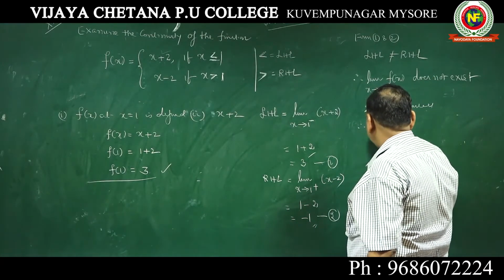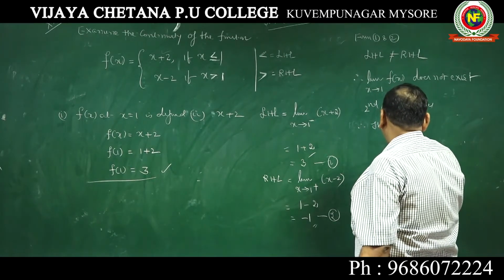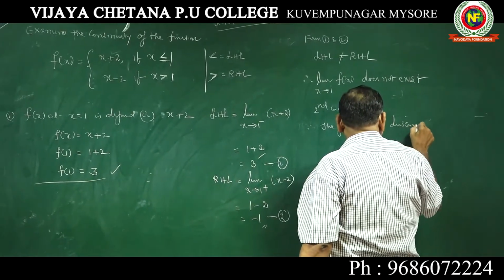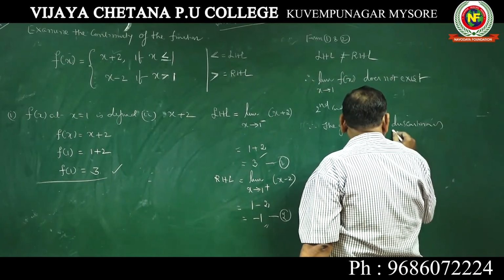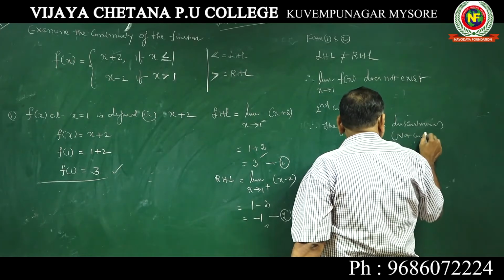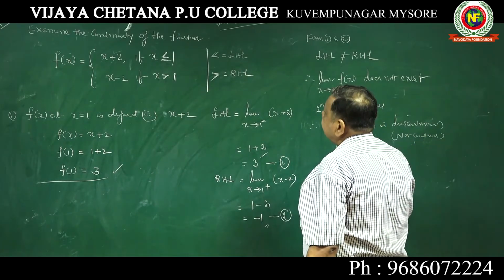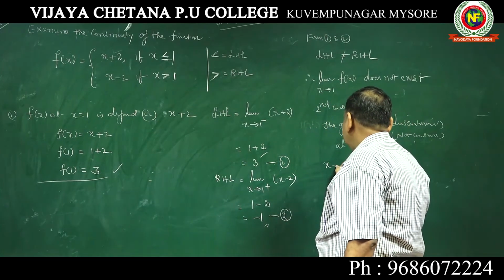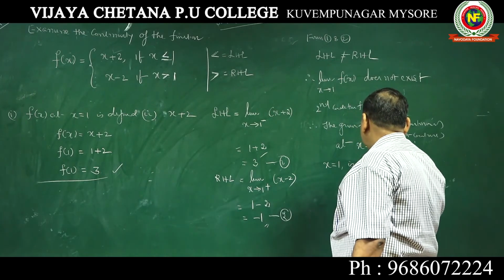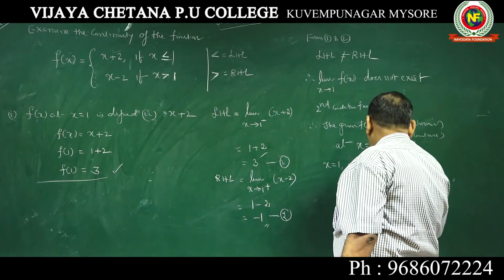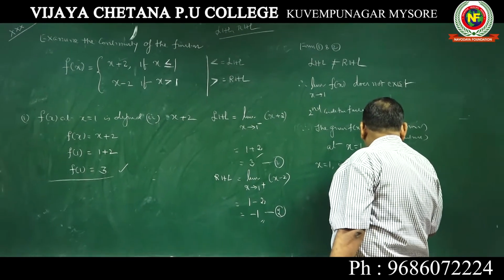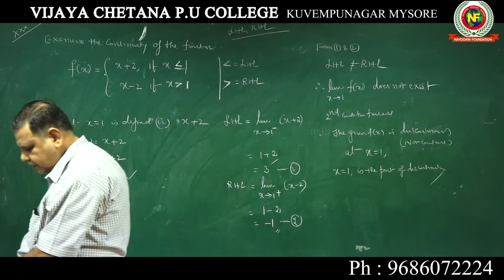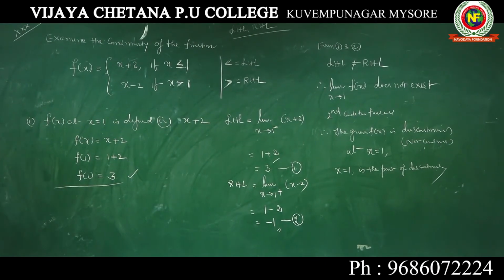Therefore you should write that the given function is discontinuous, meaning not continuous, at x equal to 1. Therefore x equal to 1 is the point of discontinuity. If you write this much, you will get 4 marks for this problem.